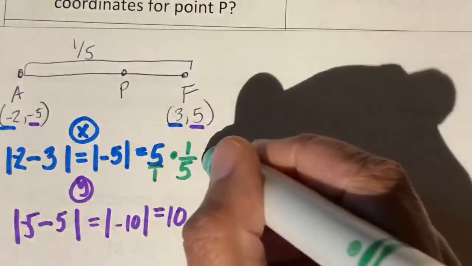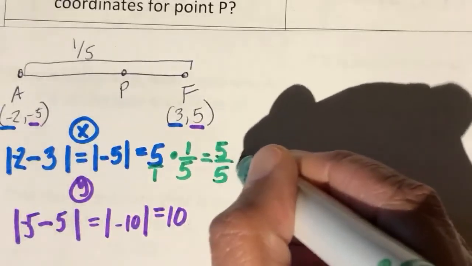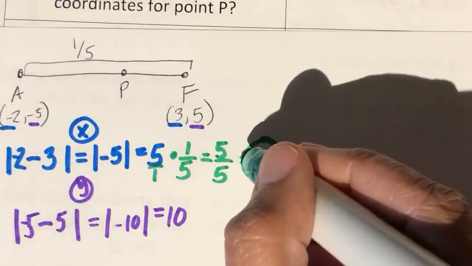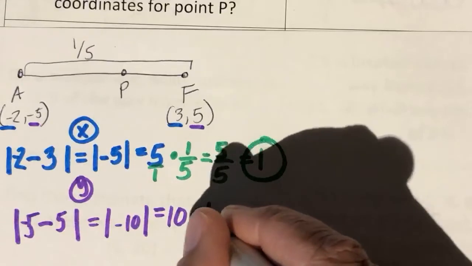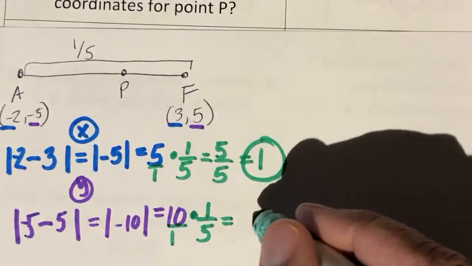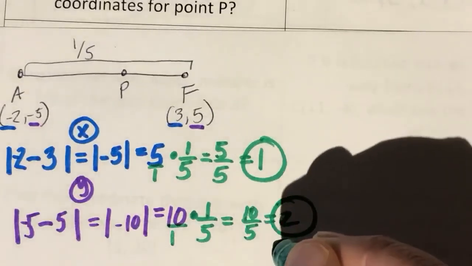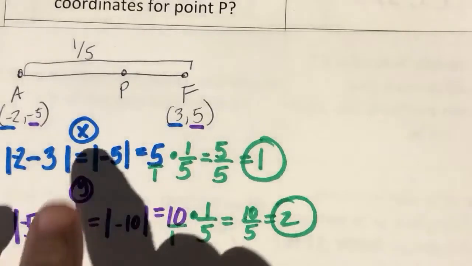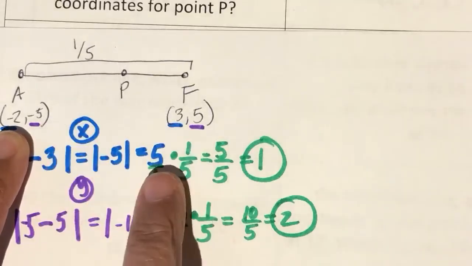That's the same as multiplying by 1/5, which gives me 5 over 5, which is 1. Then I'm going to come over to the 10, the y distance, and take 1/5 of that as well. So 10 divided by 5 is 2.